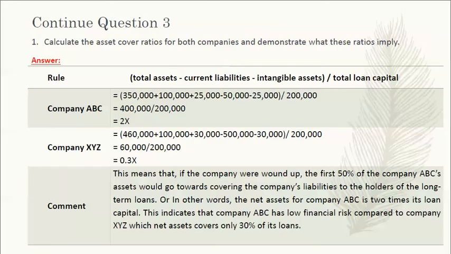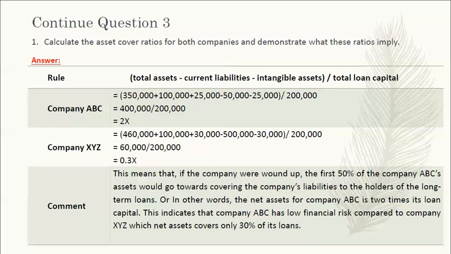Now we show what the question is in this example. First, calculate the asset cover ratio for both companies and demonstrate what these ratios imply. So in this question he requests three requirements.